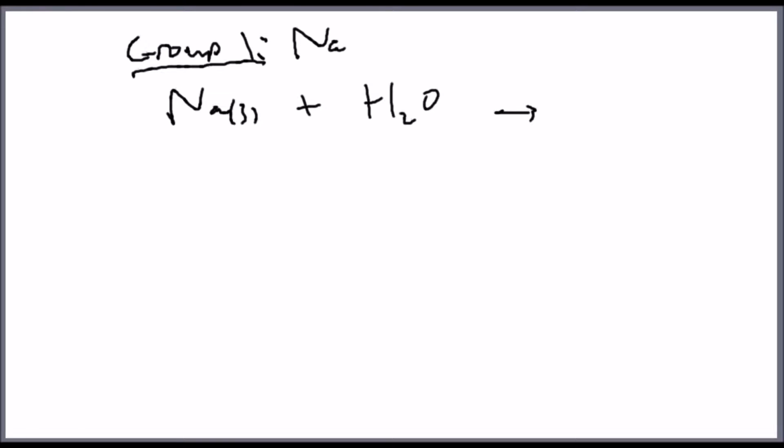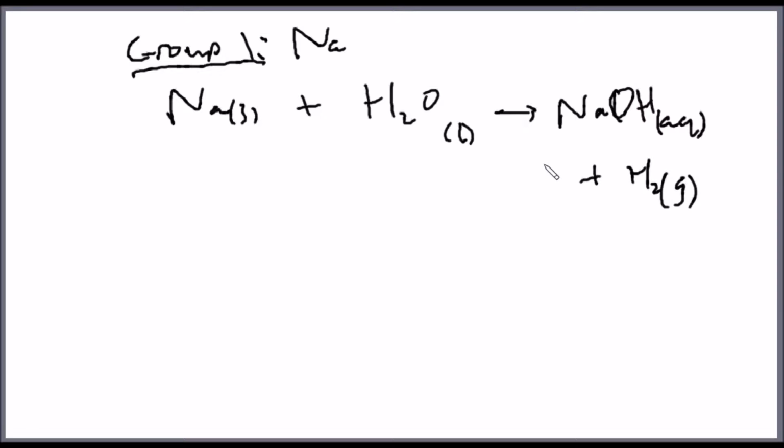That's aqueous. You may as well include your state symbols. Plus hydrogen gas. That's not balanced though, so you want 2 Na because you want 2 waters here, and then, alright, so that's good.